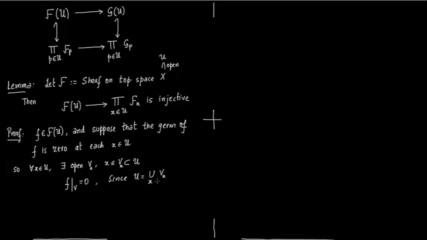Now we just use the uniqueness axiom. So f is 0 by the uniqueness axiom. f is 0 on each open set V_x, so on each of the covering sets f is 0. So it is 0 on the entire set U, and that is what the uniqueness axiom says: if you are 0 on all the open sets of a cover, then you are 0 on the union of those open sets.